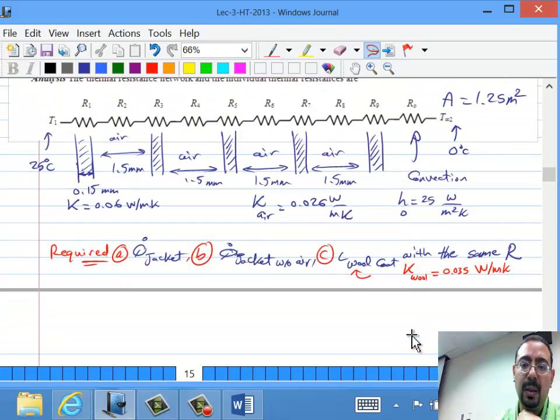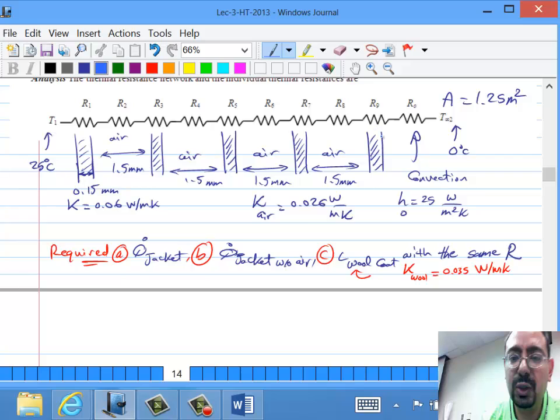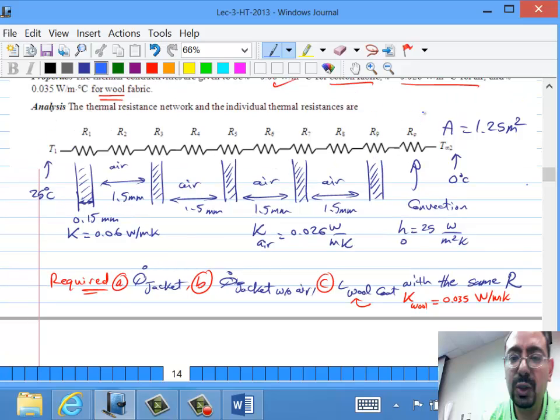So the electric resistance equivalent to this is already drawn for us. It's basically all those resistances: cotton, air, cotton, air, cotton, air, cotton, air, cotton, and then convection on the outside. What is the resistance on the outside? I want the expression.